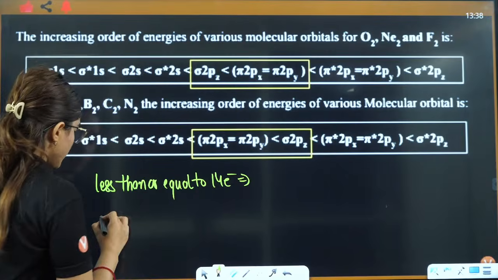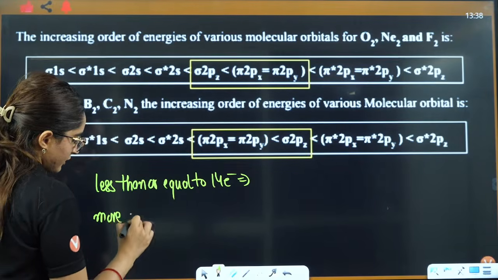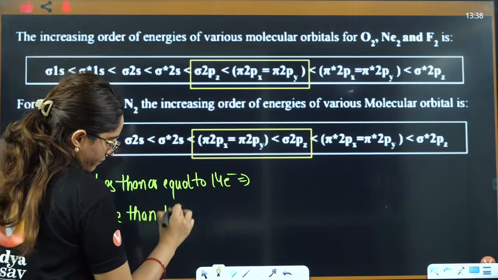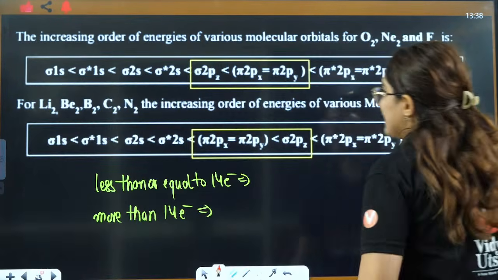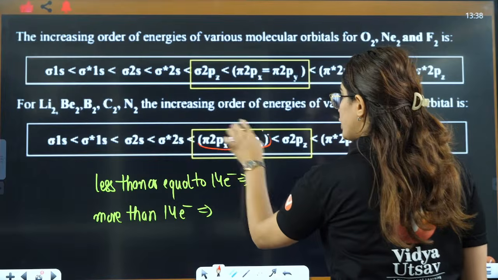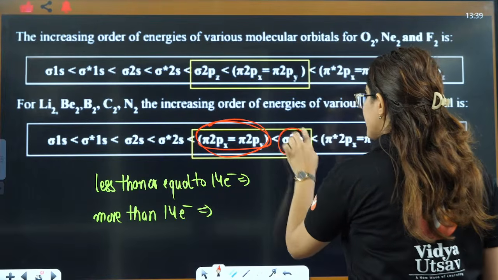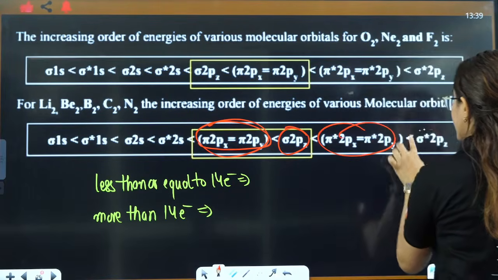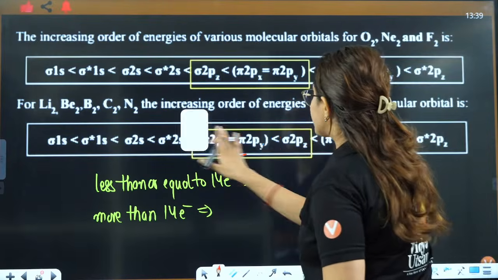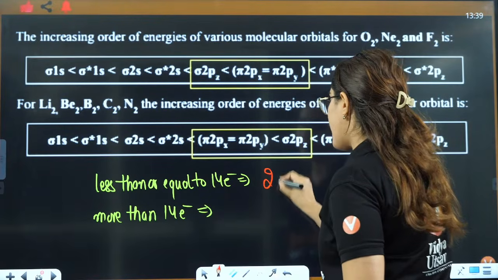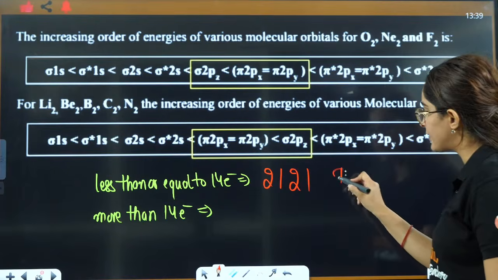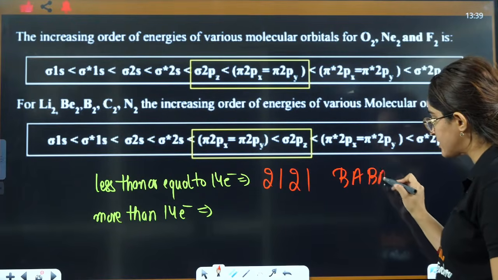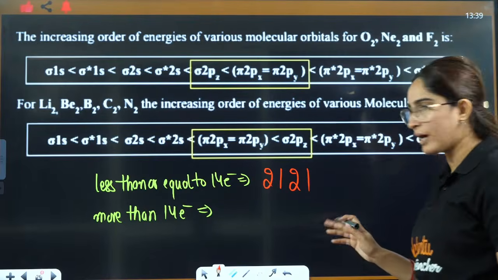Another is you have more than 14 electrons. The rule will be different here. For less than 14 you will have a set of 2, then one single, a set of 2, then one single. So you will remember it as 2 1 2 1. Some students also remember it as ba ba.